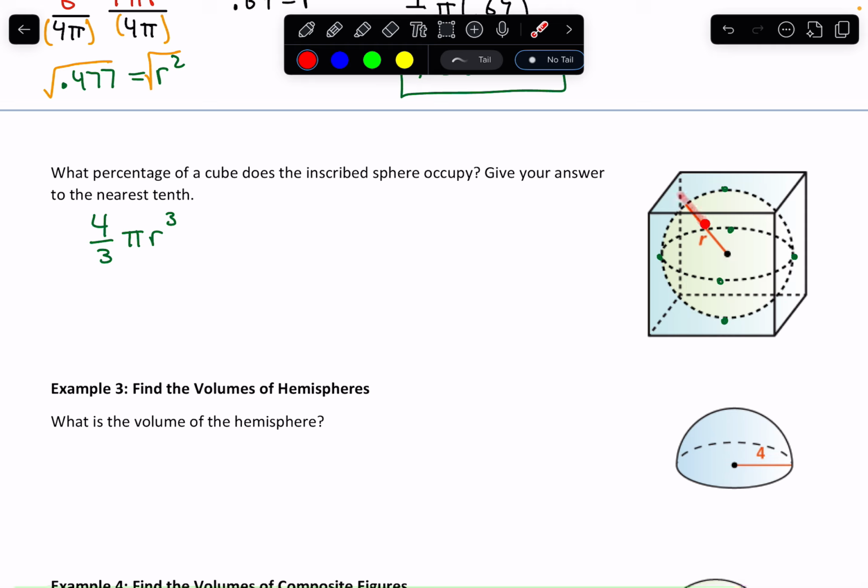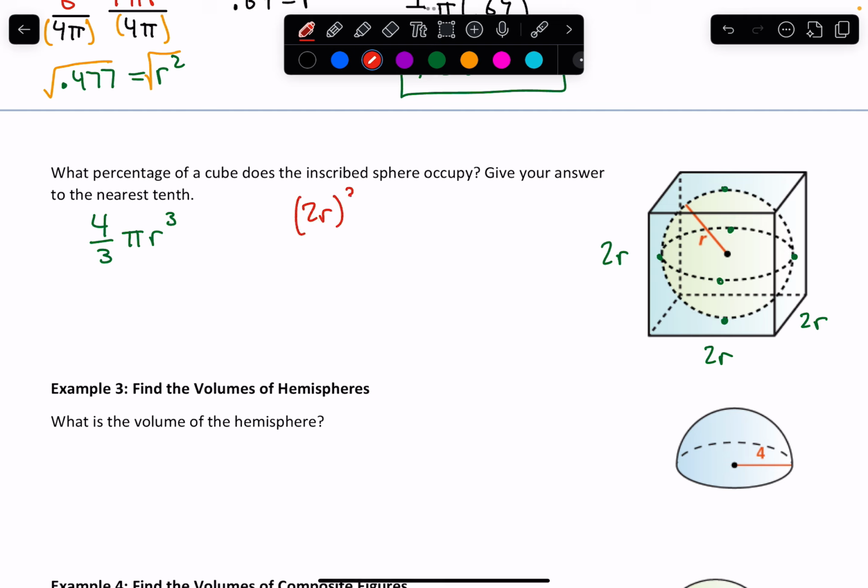Well, since I know the radius of this sphere is r, then the entire height of it is 2r, which means the height of the cube is 2r. And since it's a cube, the length is 2r and the width is 2r as well. So the volume of the cube is 2r cubed, right? So 2 cubed is 8, r cubed is r cubed, and the volume is 8r cubed.